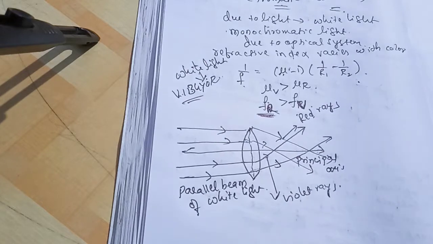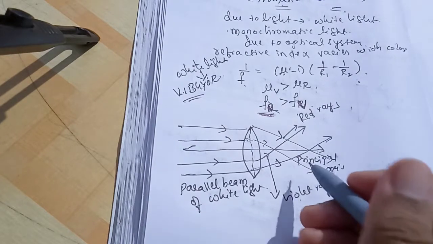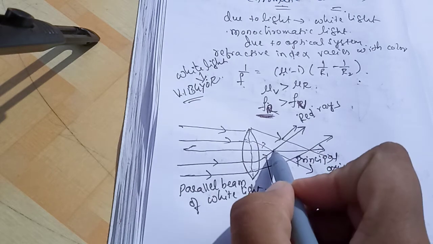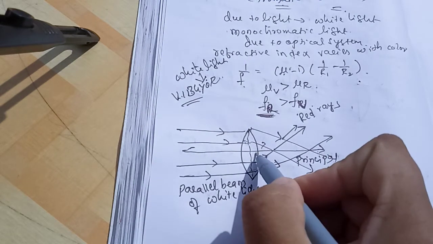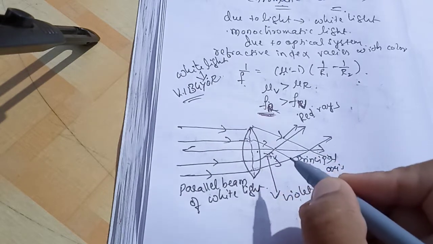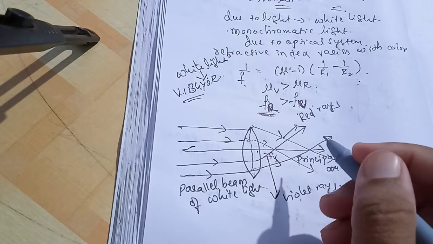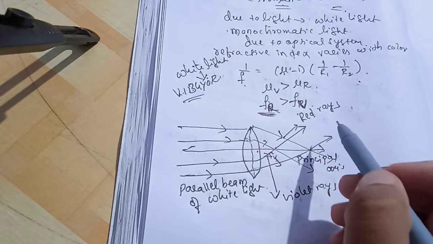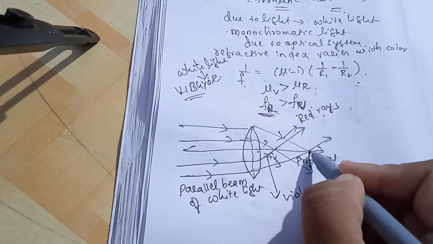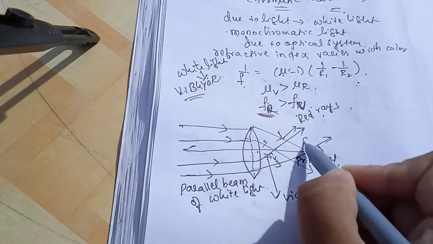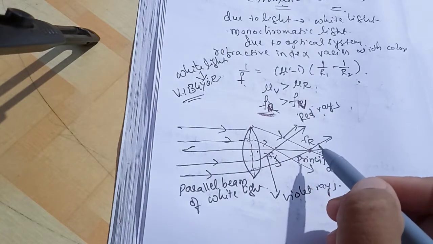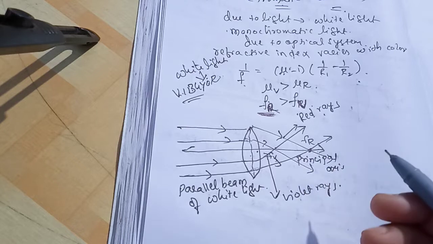They focus at FV, where FV is the focal point of violet rays. As the focal length of red rays is greater, they focus far from the lens, that is at FR, where FR is the focal point of red rays.